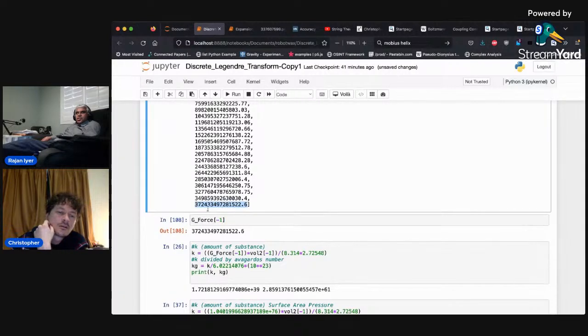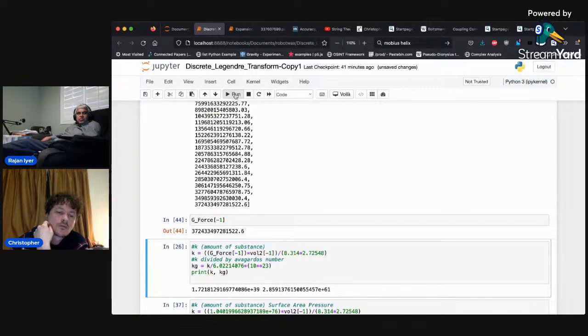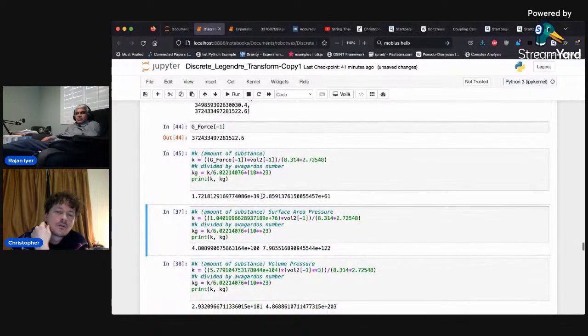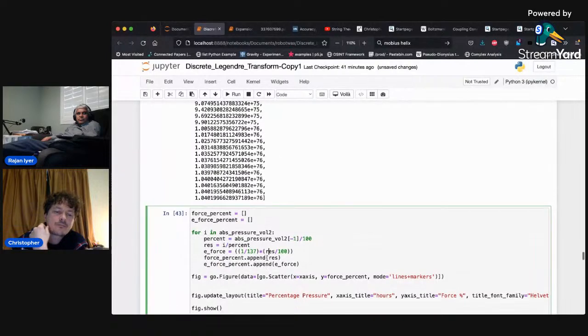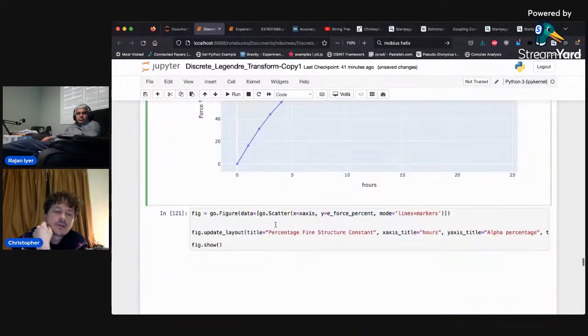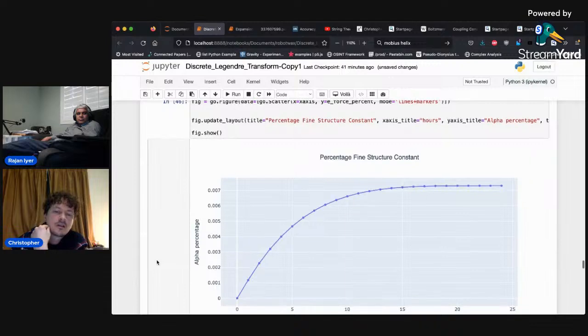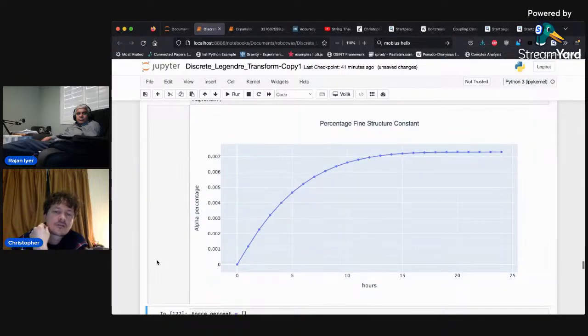Yeah, pressure is a tensor, very similar to the stress tensor. Okay, that comes out at 1.72 to 39, which is the amount of moles. Okay, so we're good on that. Percentage of fine structure constant. This is the relationship between the pressure and the fine structure constant.